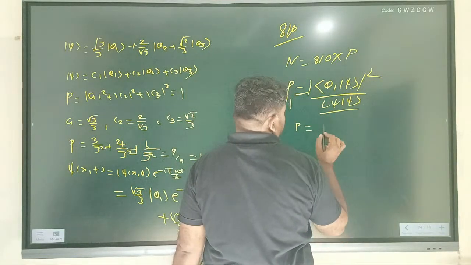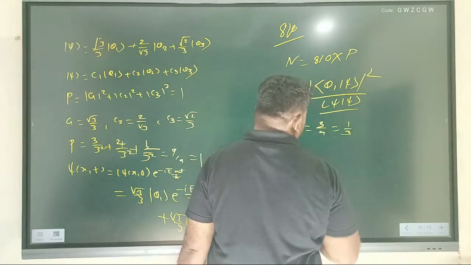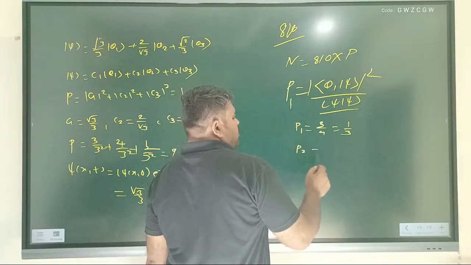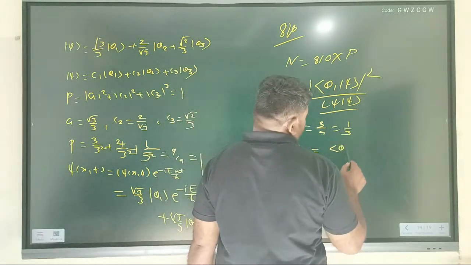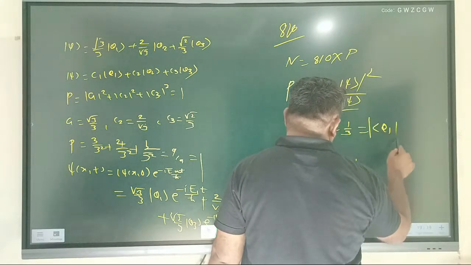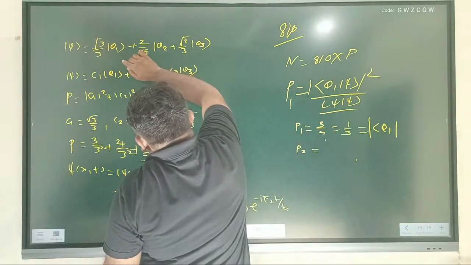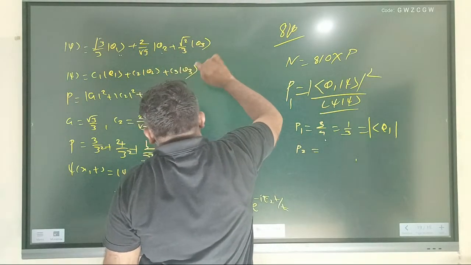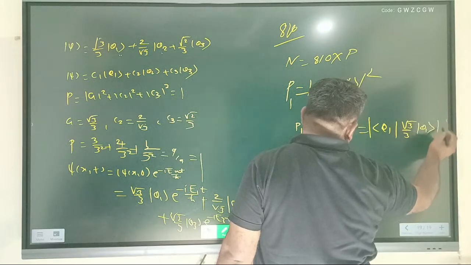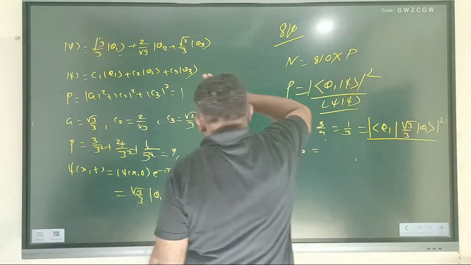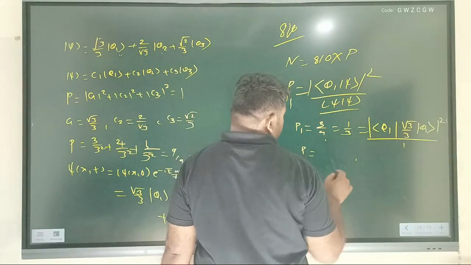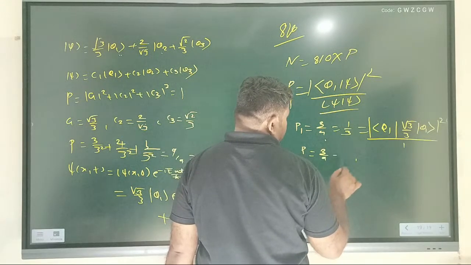So the coefficient of phi 1 is root 3 upon 3, and its square is 3 upon 9, which is 1 by 3. How do we find p1? Phi 1 with psi: phi 1 with phi 1 is non-zero, phi 1 with phi 2 is 0, phi 1 with phi 3 is 0. The coefficient root 3 upon 3 remains, divided by psi, which is 1 since it is normalized. So p1 is root 3 square upon 9, which is 1 by 3.